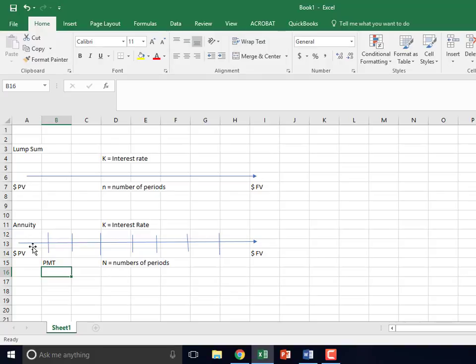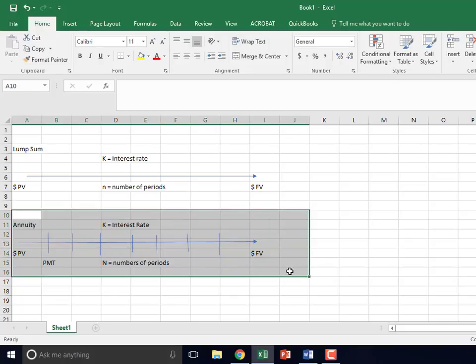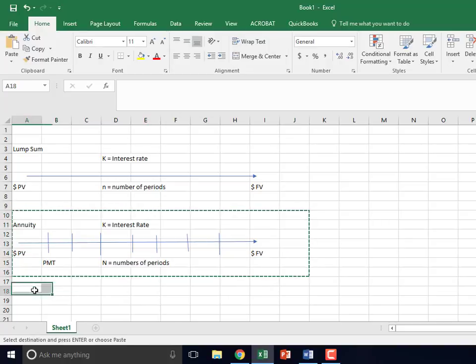There are also two types of annuity problems. There's an annuity, where the first payment is made at the end of the period, or there's an annuity due, and that's when the payment is made at the beginning of the first period. So you have both an annuity and an annuity due. So let's try and copy this and show you an annuity due.